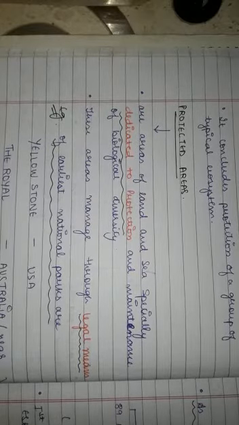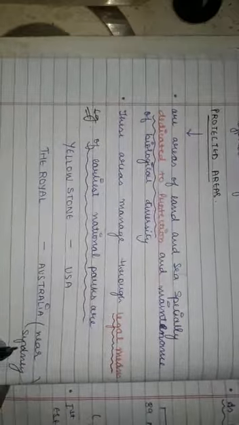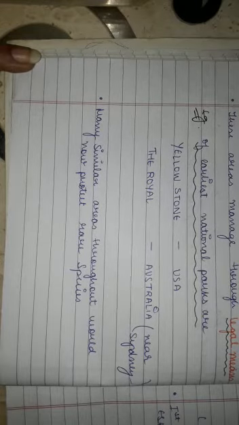Examples of the protected areas are the Yellowstone National Park in USA and the Royal National Park in Australia near Sydney. Many similar areas exist throughout the world. They protect the rare species.